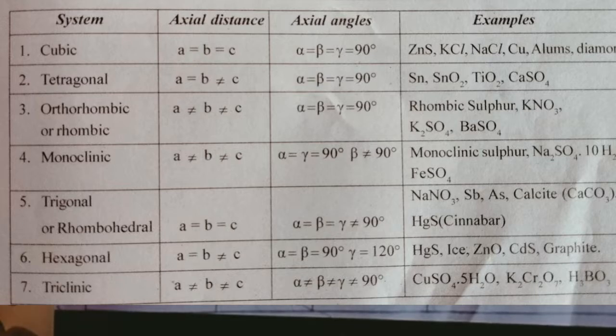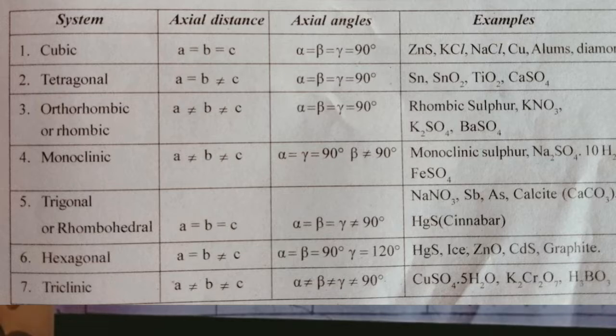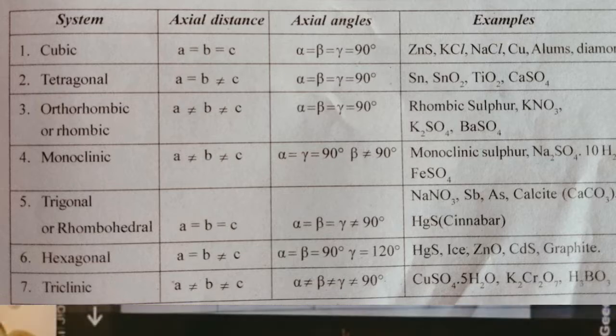Then in the case of trigonal and rhombohedral, the axial distances are the same. Note the examples. In the case of triclinic, all the axial distances are not equal, and similarly all the axial angles are not equal to 90 degrees. The example is CuSO4·5H2O.